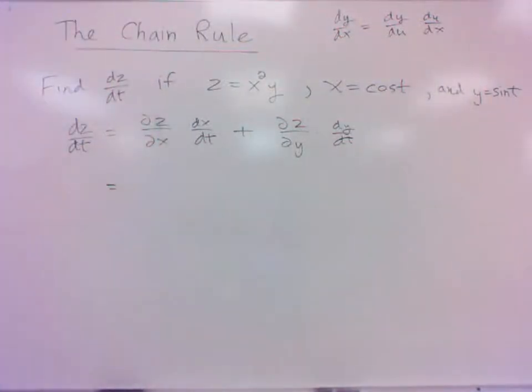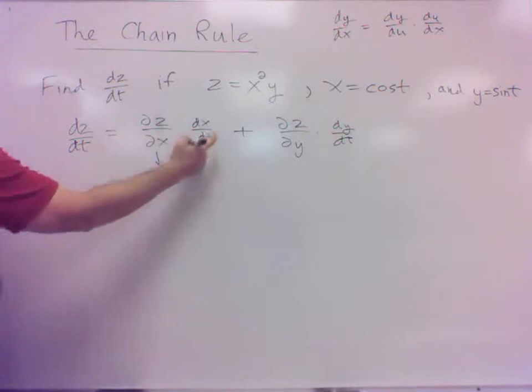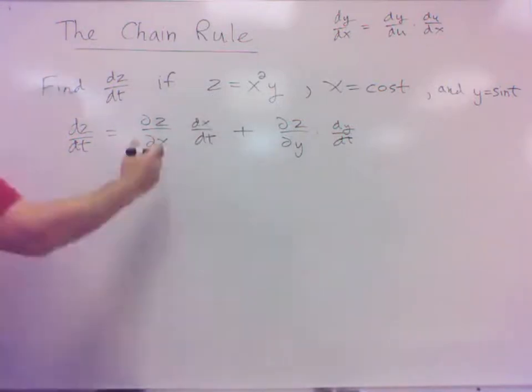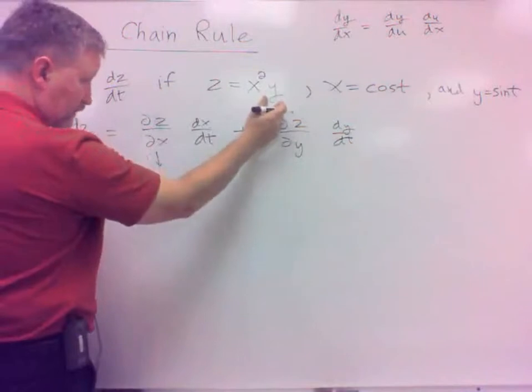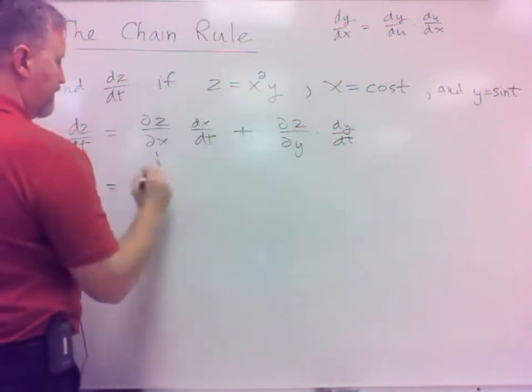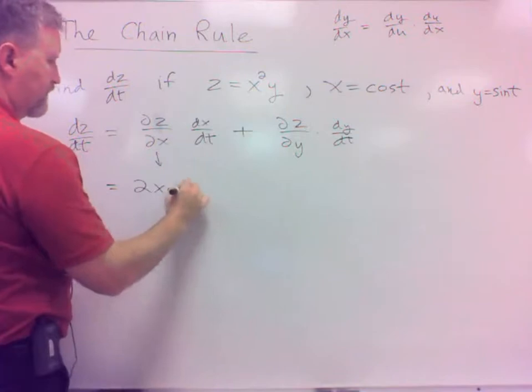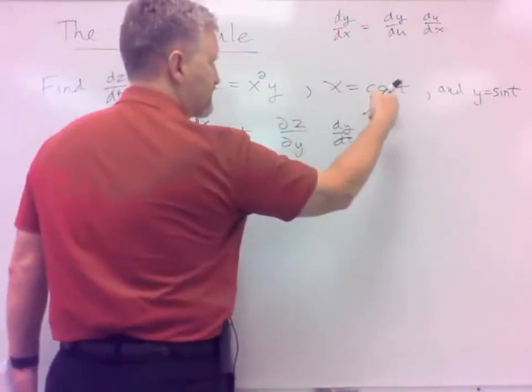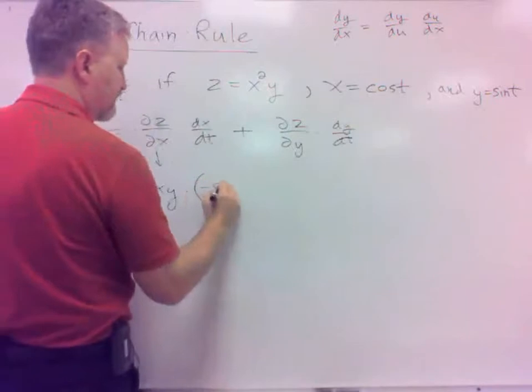Okay, so what do we got here? What's our partial of z with respect to x? Well, the partial just means we're holding the y constant, so the partial would be 2xy, right? Then dx/dt, we're just doing the derivative of x with respect to t, so that would be negative sine of t.